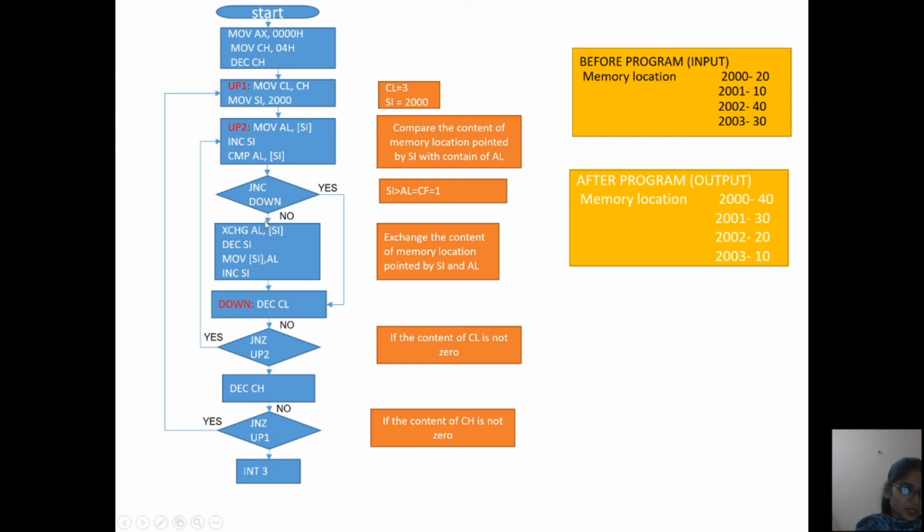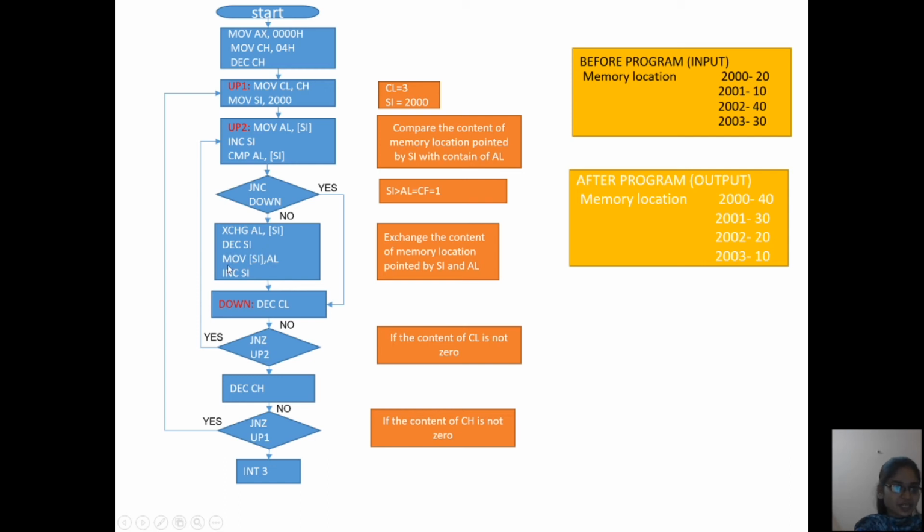So only in that condition this instruction will follow and the content of memory location is exchanged with the content of AL register. And after this instruction, the content of SI is decremented by 1.